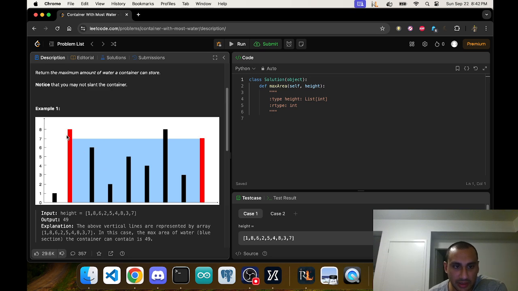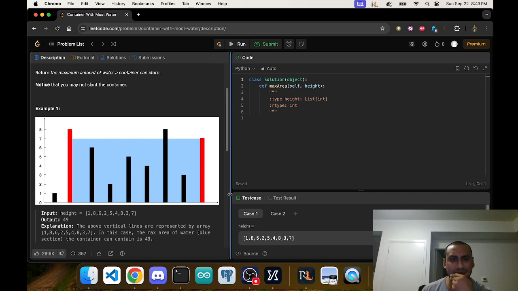You get 8, you get 7. The above vertical lines are represented by the array 1, 8, 6, 2, 5, 4, 8, 3, 7. In this case, the max area of water, the blue section, the container can contain is 49.